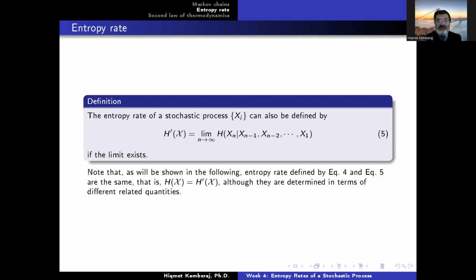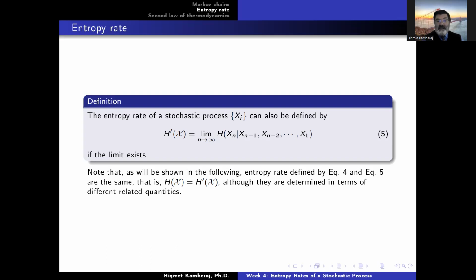So we define H prime of chi equal to the limit when n goes to infinity of H of Xn given Xn minus 1, Xn minus 2, ..., X1, if this limit exists. As will be shown, the entropy rate given by equation 4 before and the one given by equation 5 are actually identical.